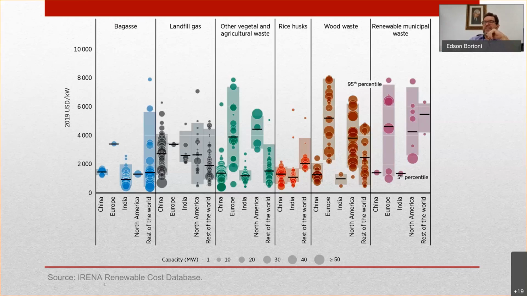So they are investing a lot of money in this arena. You can search the internet for IRENA, type IRENA in Google, and you have this web page with a lot of information on renewable energy. It's very important.